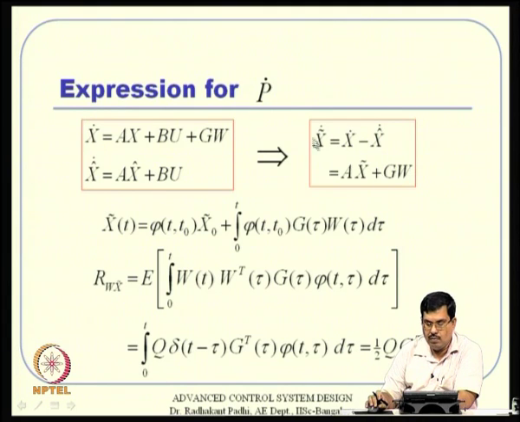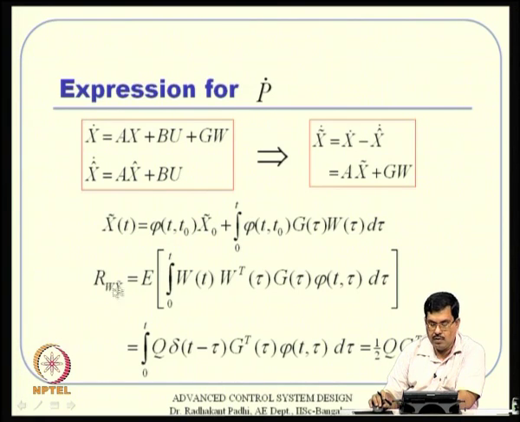So, x tilde dot is A x tilde plus Gw. Remember, this is time varying system dynamics, with G being the input matrix, and I will be able to write the solution in a continuous time manner, where phi(t, t0) happens to be the state transition matrix, and then the integral of phi G w, and x tilde is now available.